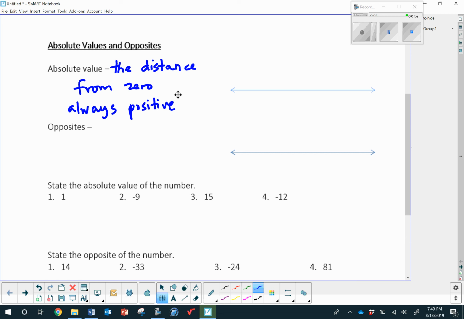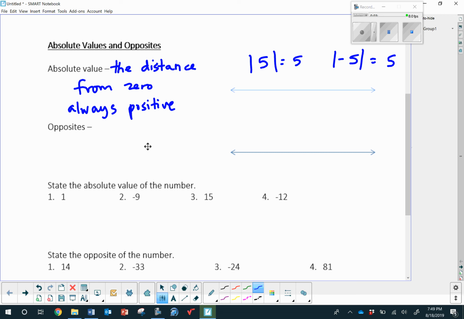And we'll look at a few examples here in a second. If you see 2 lines like this, that means absolute value. So the absolute value of 5 equals 5. The absolute value of negative 5 also equals 5.